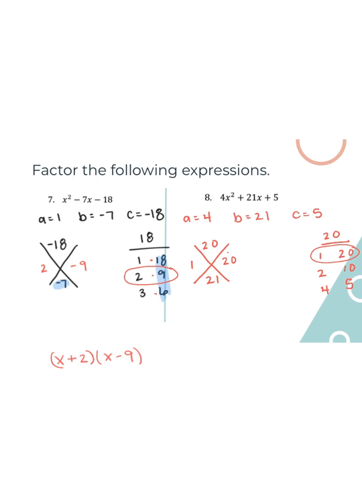I'm going to rewrite four x squared plus 1x plus 20x plus 5. Put in parentheses here and here. 4x and 1x both have an x in it, and 20 and 5 both have 5 in it.